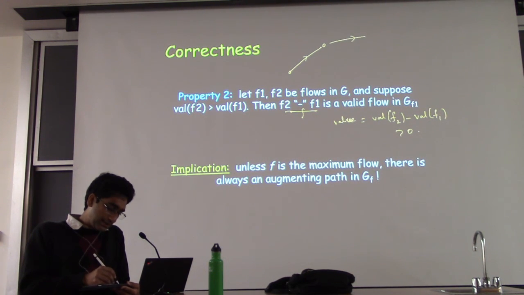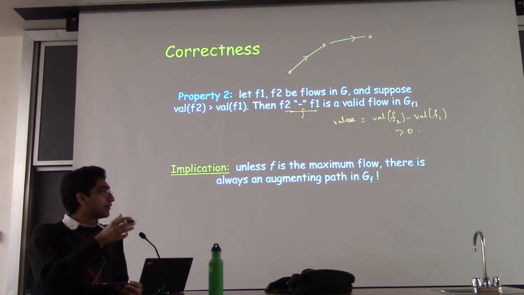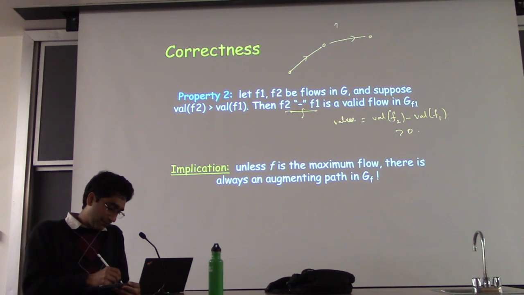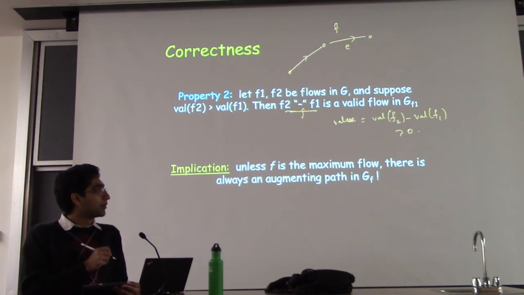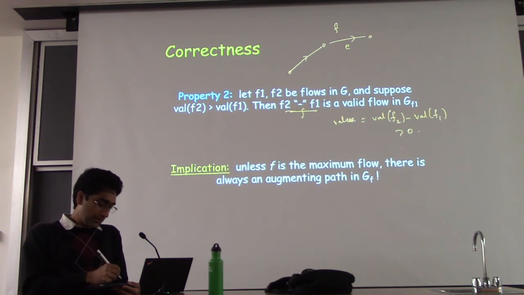These are the original edges of G, and each has a non-negative flow on these. Suppose this is the edge E that we care about. Here there is an f1 of E and there is an f2 of E.